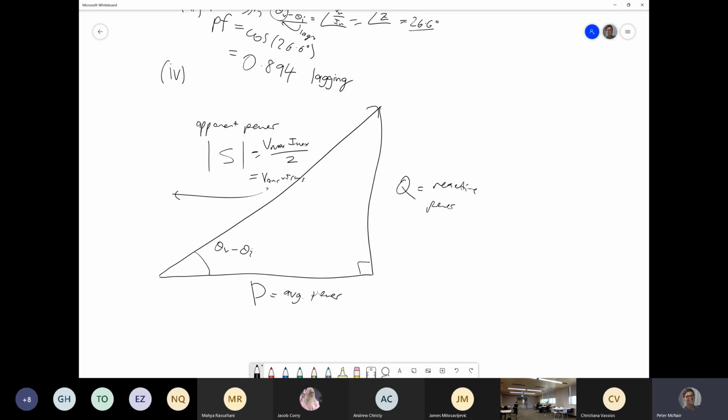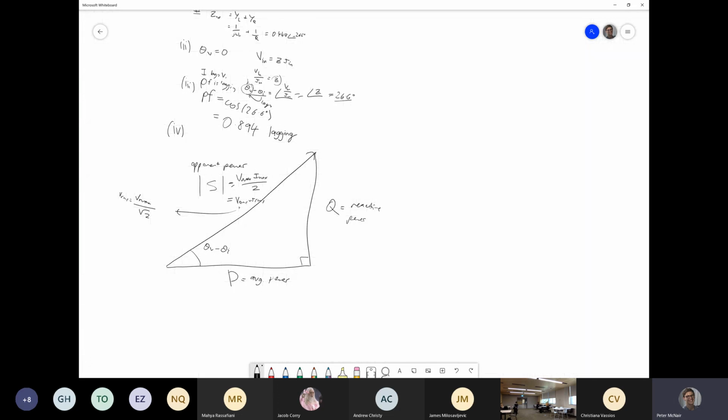The reason that makes sense is because these RMS values are Vmax on root 2. So when you multiply VRMS and IRMS, the two root 2's turn into a half. So we should be able to, with this configuration, find all the values that we need.